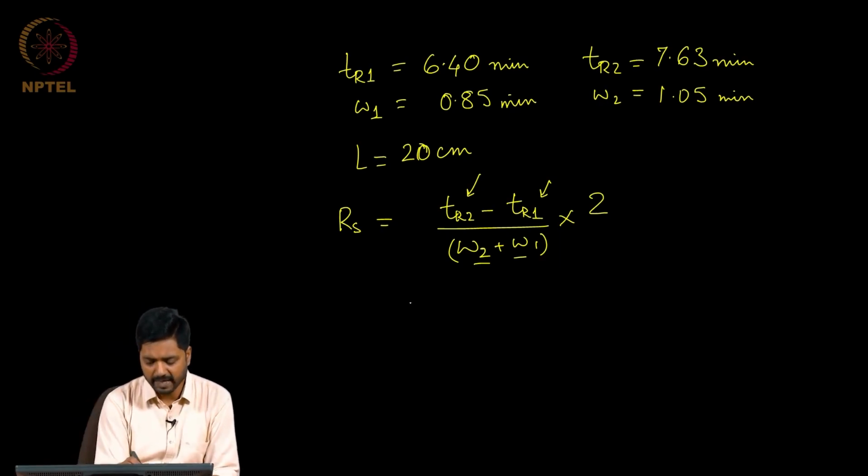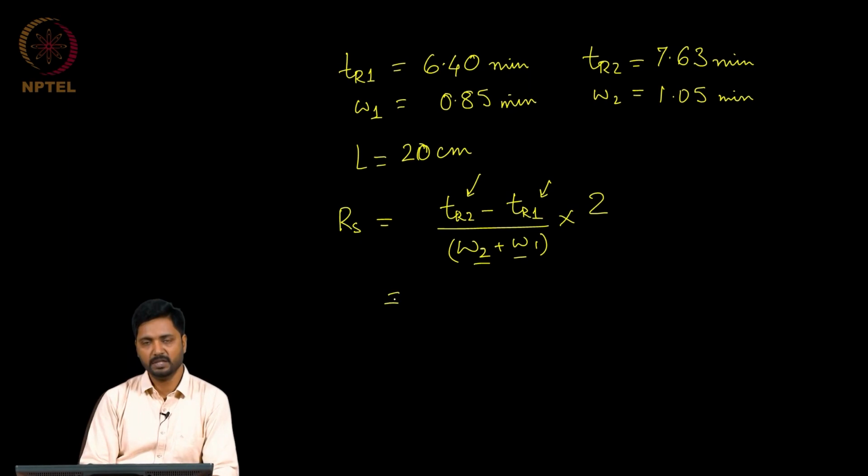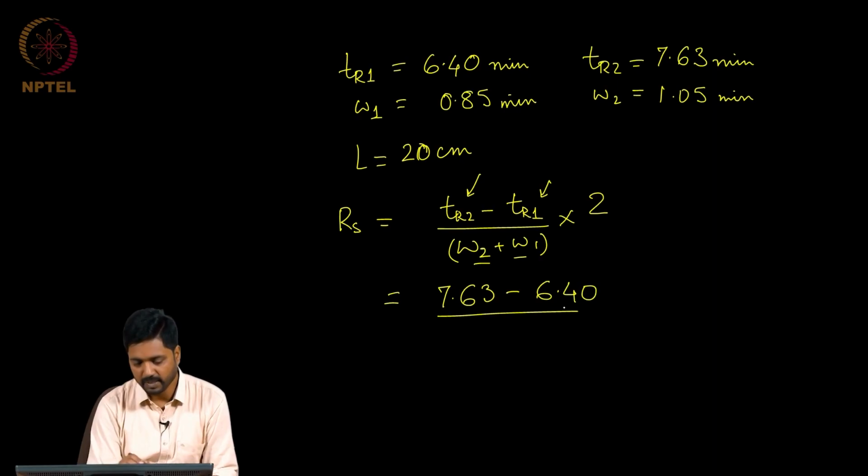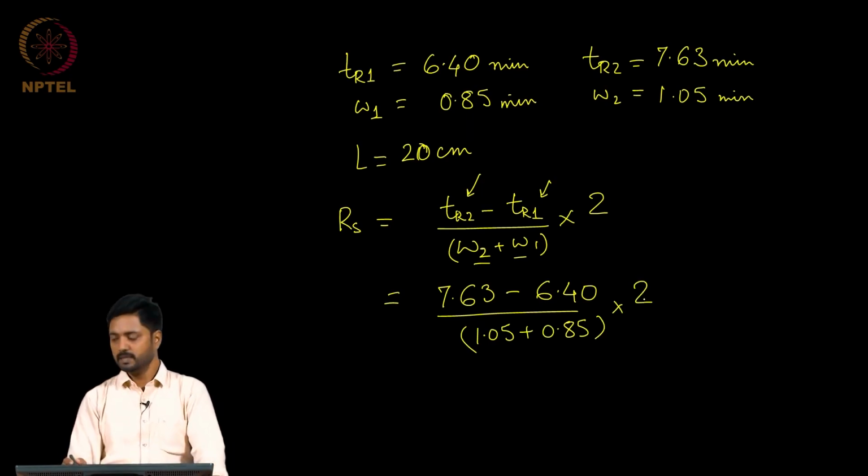So, let us go ahead and plug in the values in this equation. This comes out to be 7.63 minutes minus 6.40 minutes, divided by the width at the baseline, 1.05 for W2 plus 0.85 for W1, and this whole is multiplied by 2.